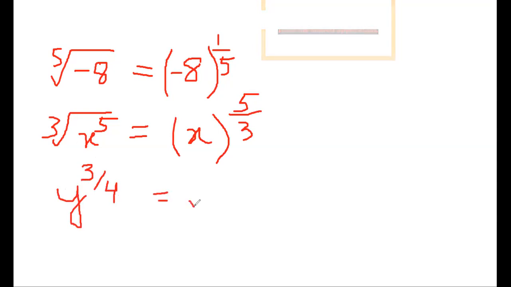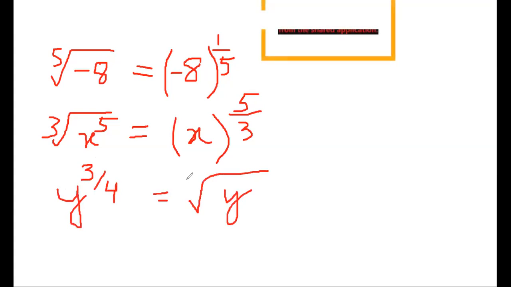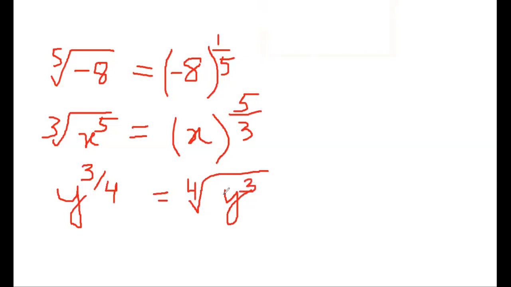The number y, the radicand, is in the radical sign, and this number 4, which is in the denominator, is the index of the radical. You write 4 here, and the number which is in the numerator is the power of the radicand. So you convert an exponential into a radical form.